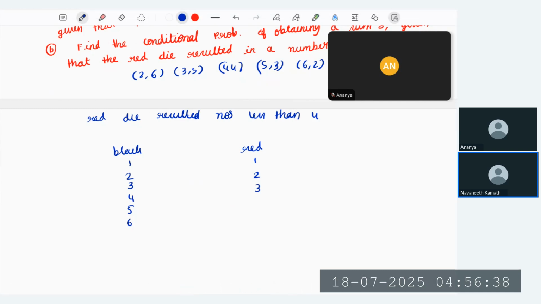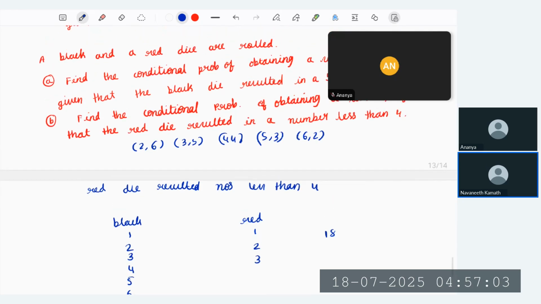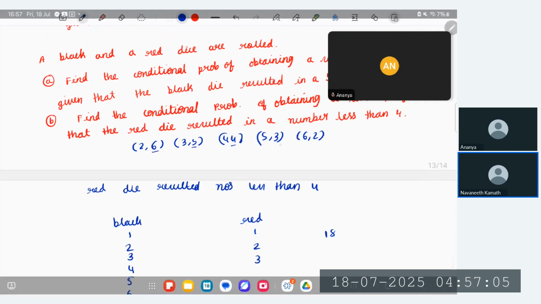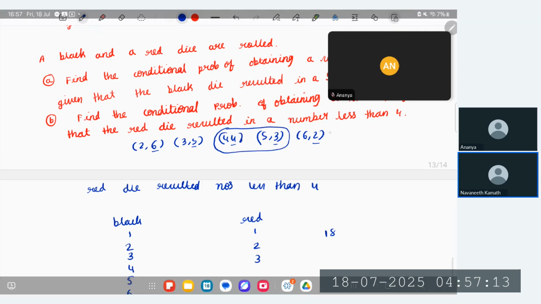So here you get 6 into 3, 18 combinations. In this, how many are common between this set and this set? You can consider the second die as the red one.